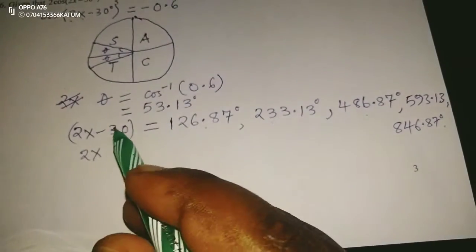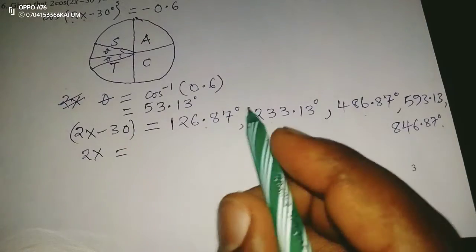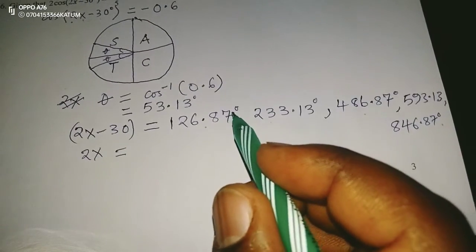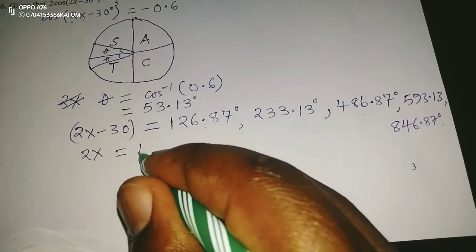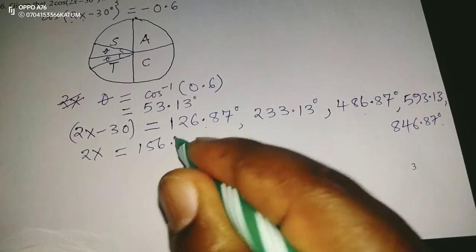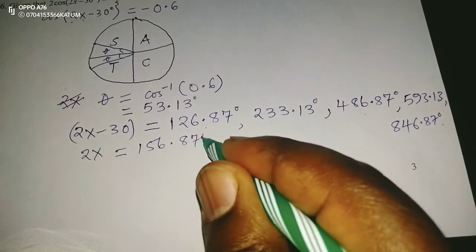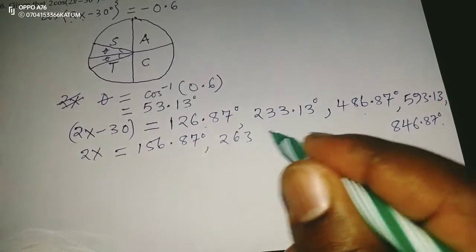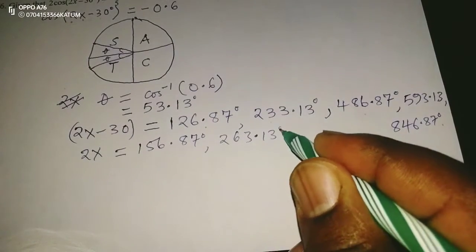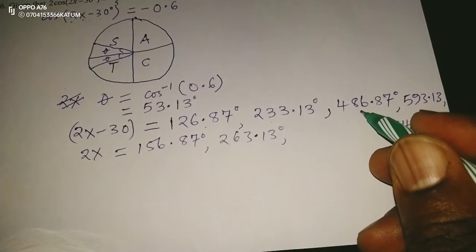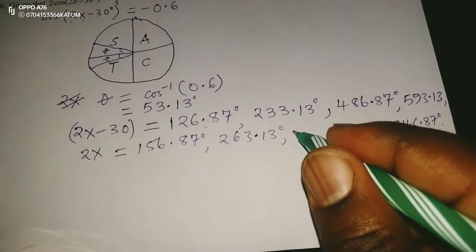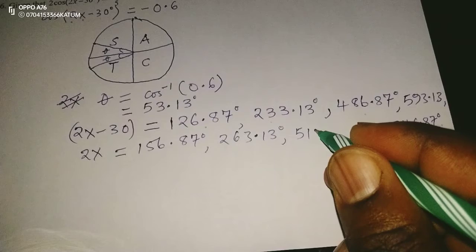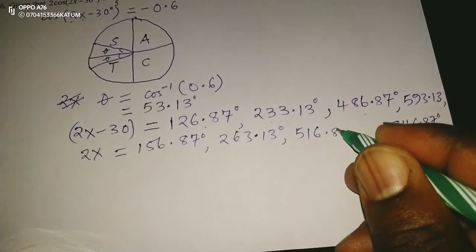Now we can finish up by saying the value of 2x becomes, when we add 30, because we have minus 30, now we add 30 on the other side: 156.87. We add 30 here, 263.13. We add 30 to this one, we get 516.87.